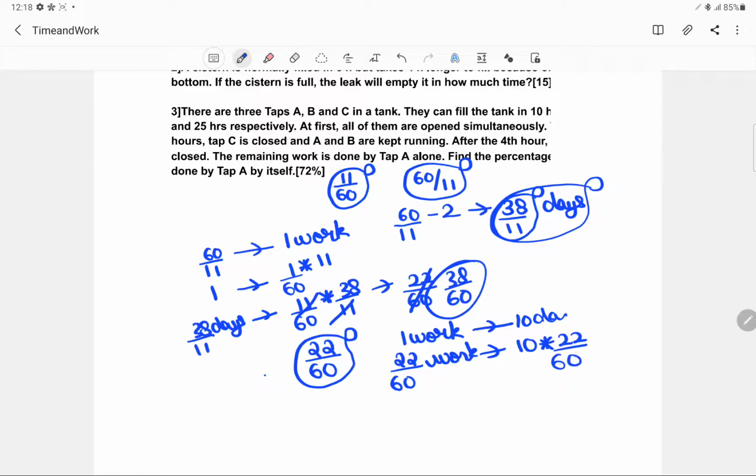So this will be like 22 by 60, and this will get cancelled by this, and this would be 3 point, and this would be 3 point. So this will be like 38 by 11.